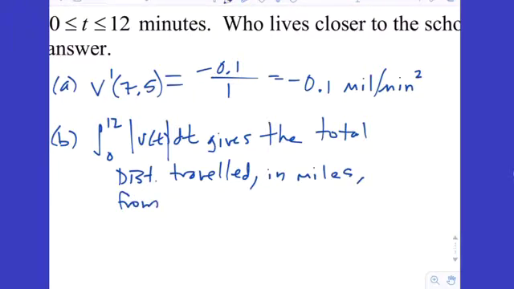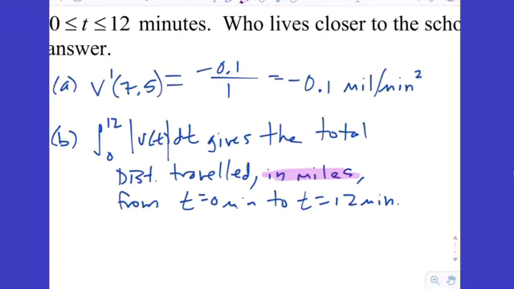and here's the real easy engineering way to get full credit, from t equals 0 minutes to t equals 12 minutes. Remember, we talked about sentences and how you can get all elaborate with modifiers and fancy terms, but you want to avoid pronouns, and you want to answer it very succinctly, okay? That gives the total distance traveled in miles. I graded this a bunch of times, and many people had it perfectly right, but they left out in miles.